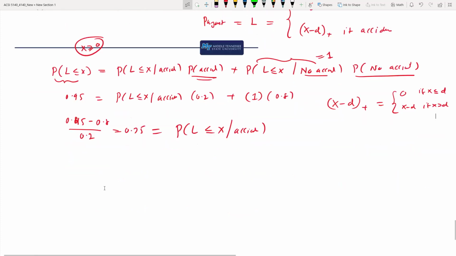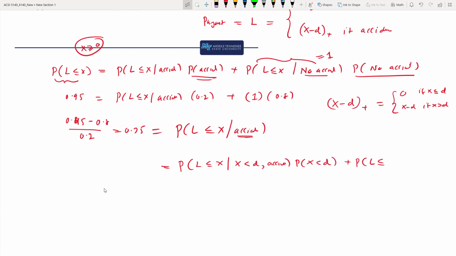So I can write this as probability L less than or equal to x given x is less than d and accident. Anyway, we are in this conditional one, so I can write it as accident if you really want. And then probability x less than d. Next one is probability L less than or equal to x given x is more than d, we are still in the accident, times probability x more than d.